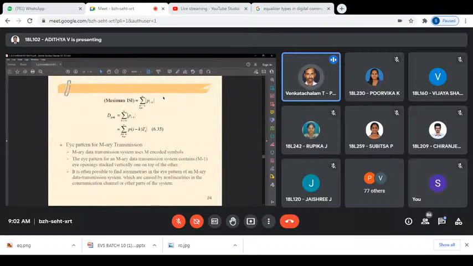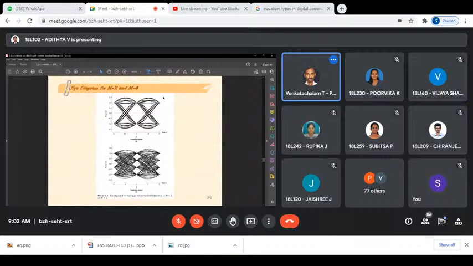So they are talking about the maximum ISI, the peak distortion, and the eye pattern for M-ary transmission. M can be 4. It's not binary. It can be powers of 2: 4, 8, 16, 64, and so on. So let us not concentrate on this. Just go to the next one. So this will be quite messed up.